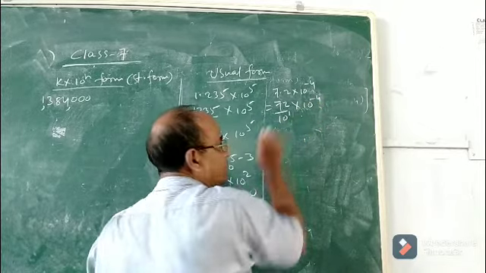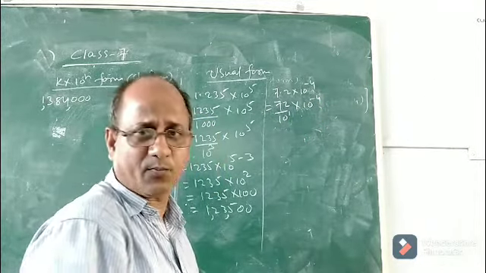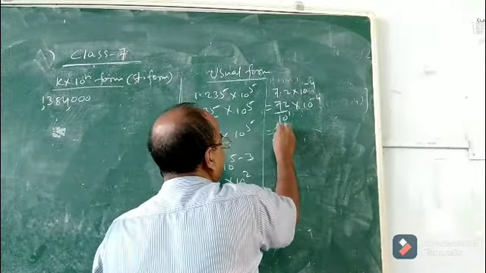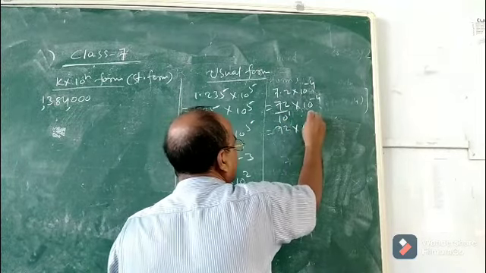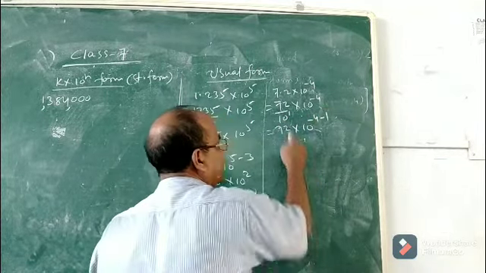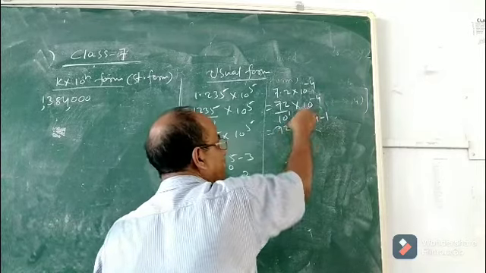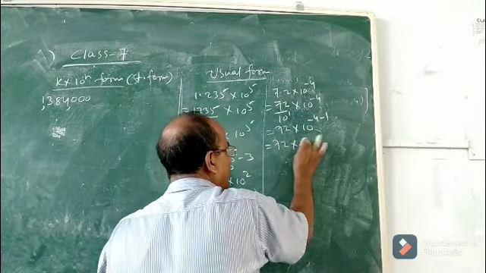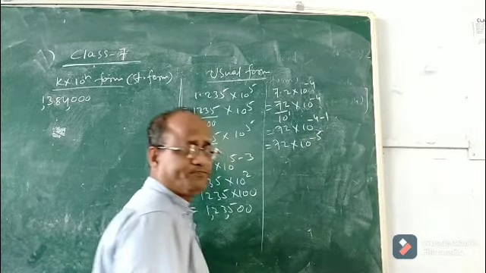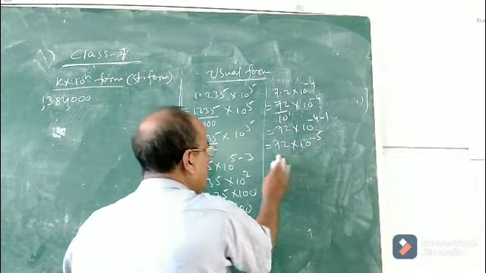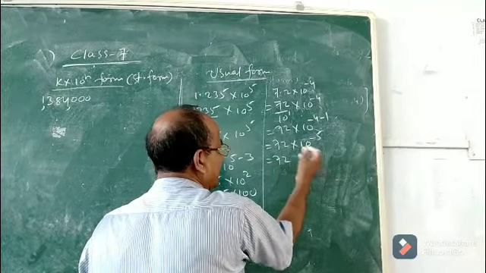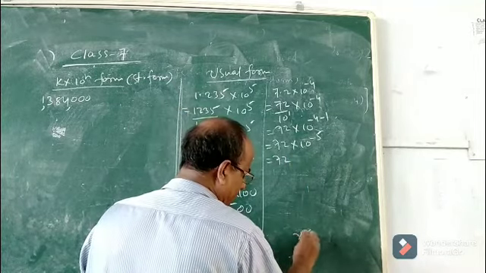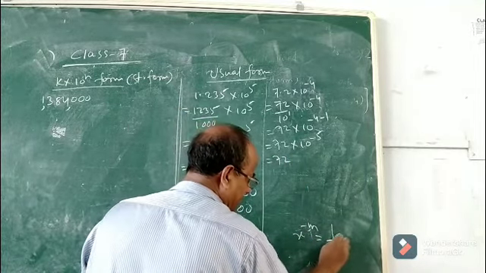Now, this one you divide. Apply the second law of exponent. So it will be 72 into 10 to the power minus 4 minus 1. Here it is divided, the power is 1, so it will be subtracted. So it is 72 into 10 to the power minus 5. Again you know the formula, x to the power minus n equal to 1 by x to the power n.